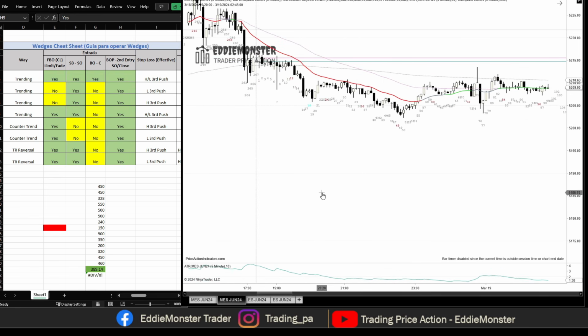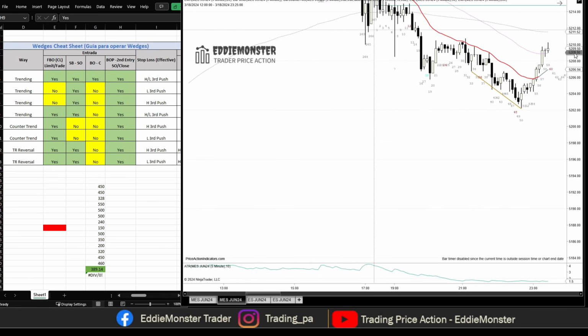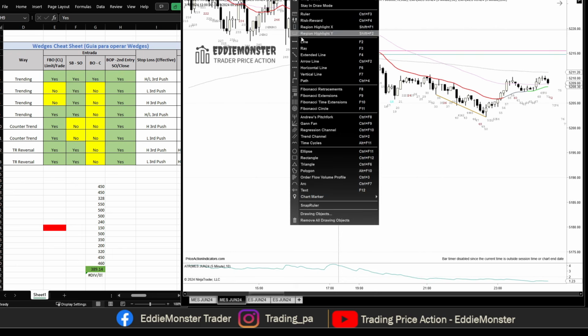Let me see if I can find something else. Another wedge bottom here. It's not perfect because it has a space below, but this is a good signal bar. Then we have a pullback, 2 legs down, 2 legs up. Beautiful. This is a failed wedge here.